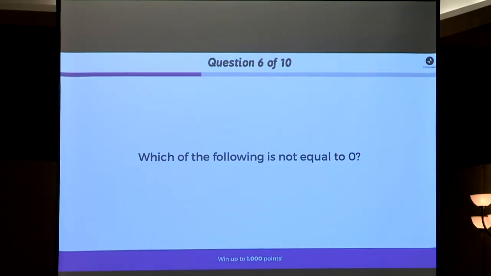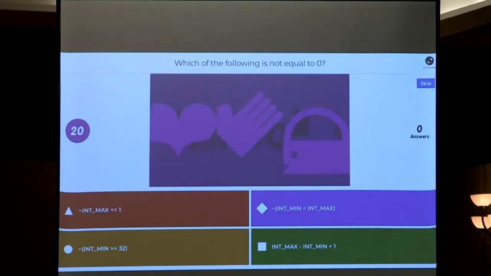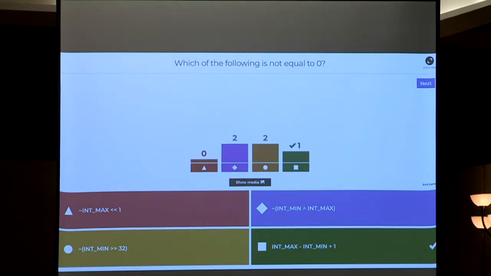All right, which of the following is not equal to 0? I gave you a little bit more time on this one. Int max minus int min plus 1.